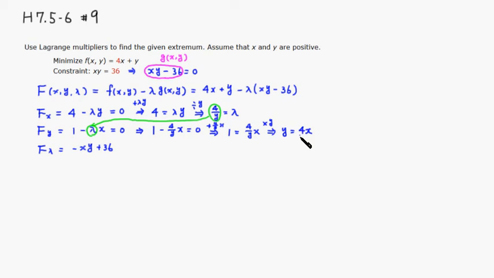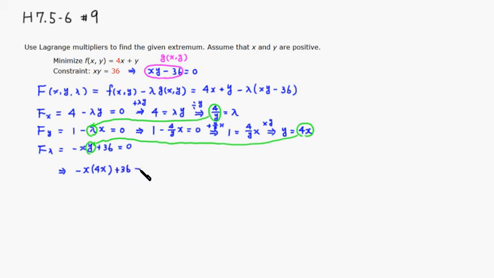Then we can plug this back into the third equation. Since y is the same as 4x, we get negative x times 4x, equal to 0, plus 36.